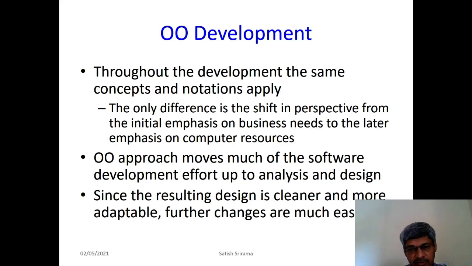The only difference is the shift of perspective: the initial emphasis is on business needs, and the latter emphasis is on the computer resources, that is, how the system can be deployed or implemented on certain computer resources.